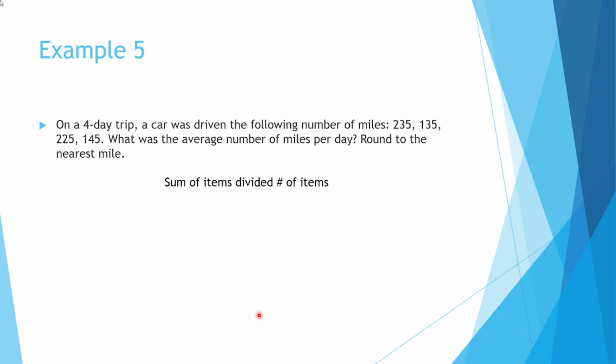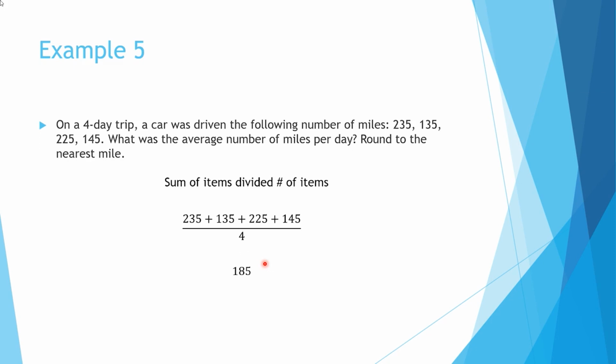So you take the sum of the items and divide it by the number of items. So you would take the sum 235 plus 135 plus 225 plus 145. If you're not able to type this whole thing in your calculator, you would add all these up first and then divide by 4.